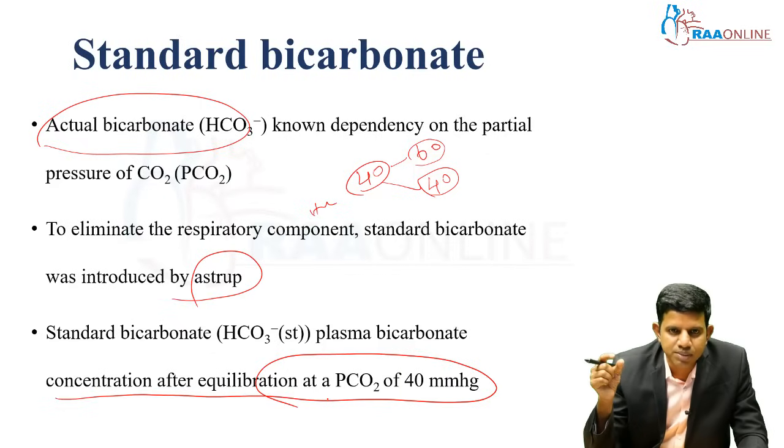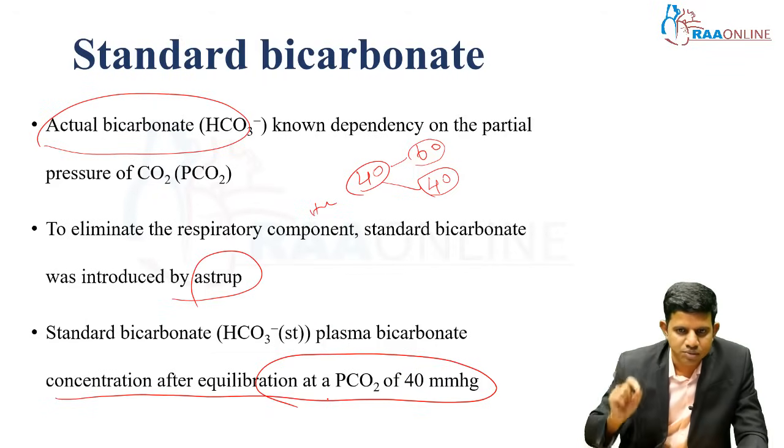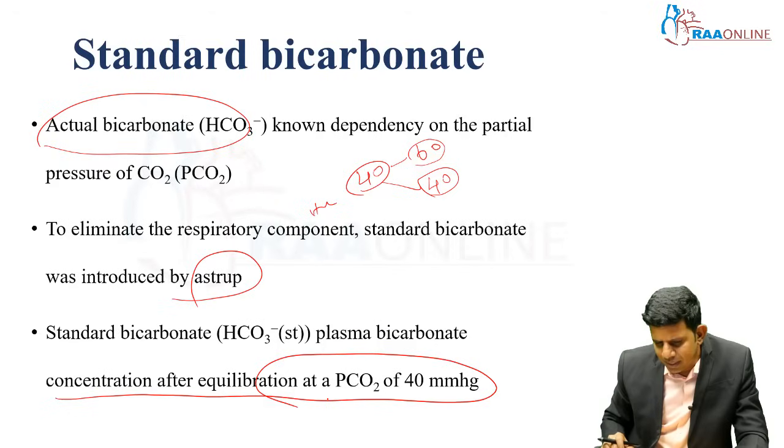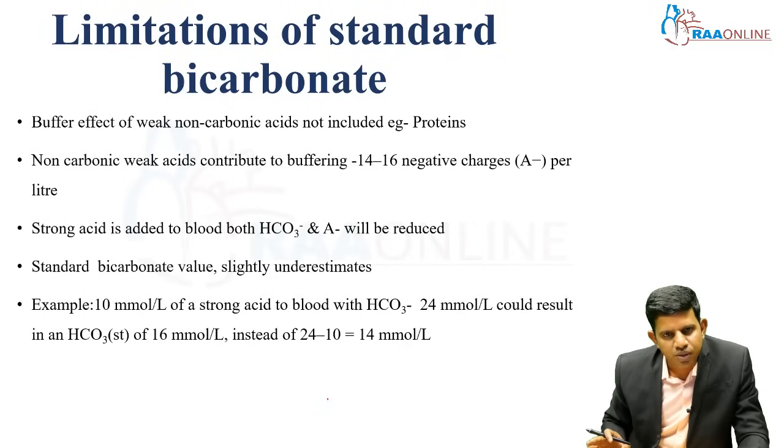If there is a respiratory disturbance, my total bicarbonate and my actual bicarbonate will be altered, but the standard bicarbonate won't be altered by my respiratory disorders. So it looks good to assess the metabolic disturbances, but is it ideal? No. Why is that?